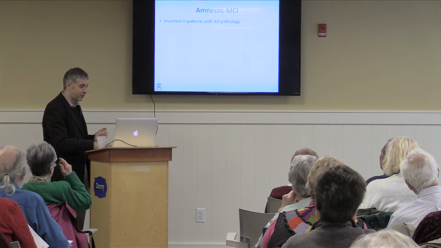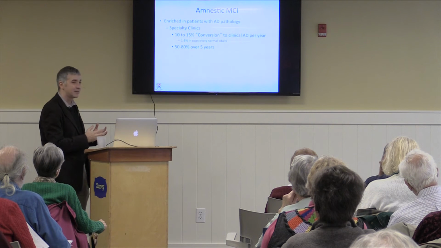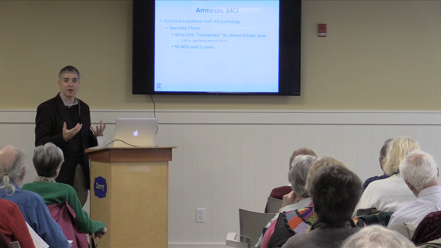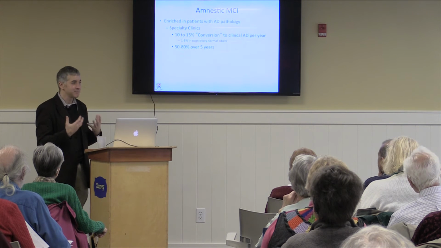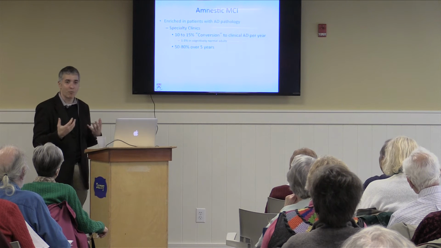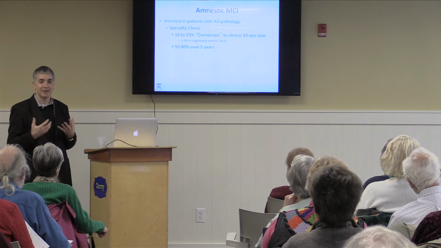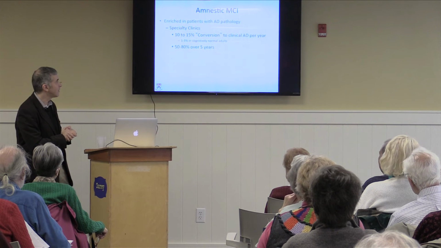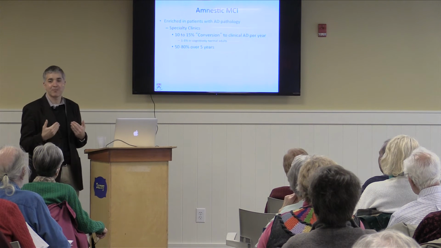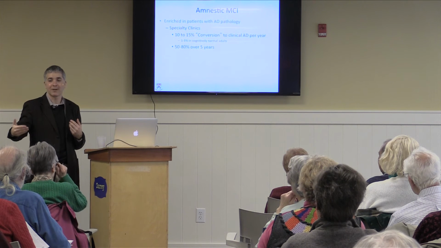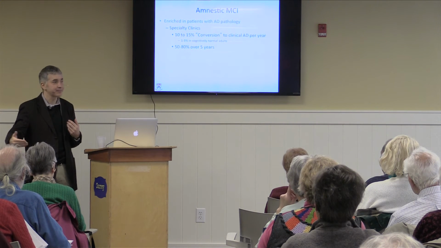So it turns out it actually does pretty well, despite that vagary, in finding people enriched in Alzheimer's disease. Not the most specific criteria in the world, but when we have looked at this in centers such as our own, about 10 to 15% of people with mild cognitive impairment per year go on to develop more obvious symptoms of Alzheimer's disease.